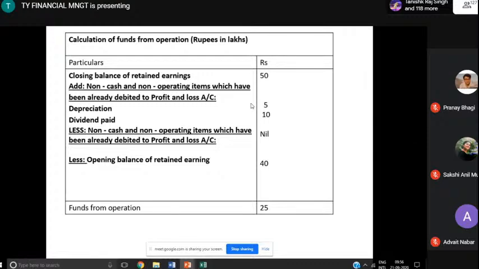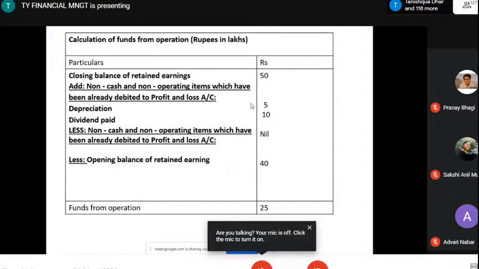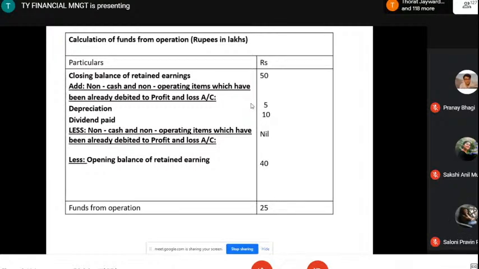Then, I think you remember the format, ALL. ALL stands for add less. Add less. See the question carefully. Closing balance of retained earnings 50, depreciation 5, dividend paid 10, 50 plus 15, 65 minus 40, 25.